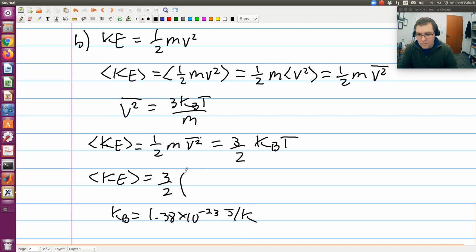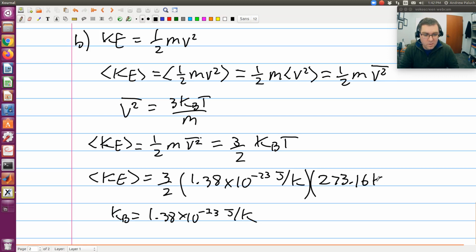So this is 3/2 times kB, which would be 1.38 times 10 to the negative 23 joules per Kelvin, times T, which is our 273.16 Kelvin. What's important here is Kelvin would cancel, and it appears I'm left with just units of joules.